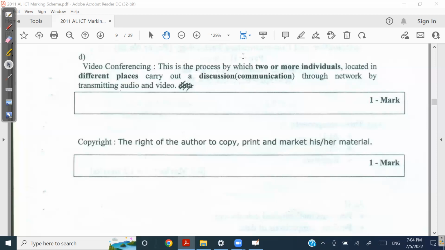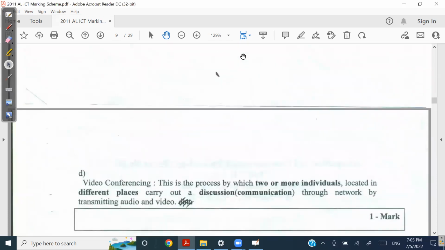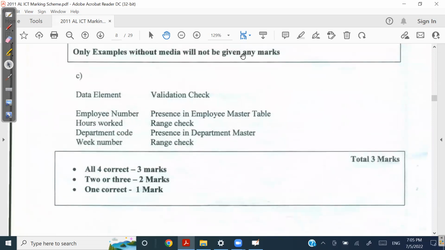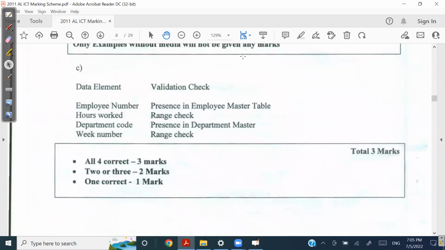For video conference, you have 2 or more individuals or a group of people located in different places. So 2 marks for that. Lalindi, this is the answer for part C.